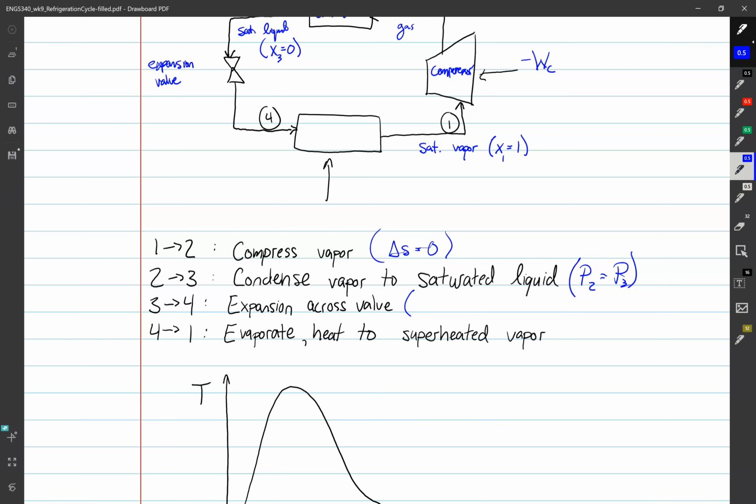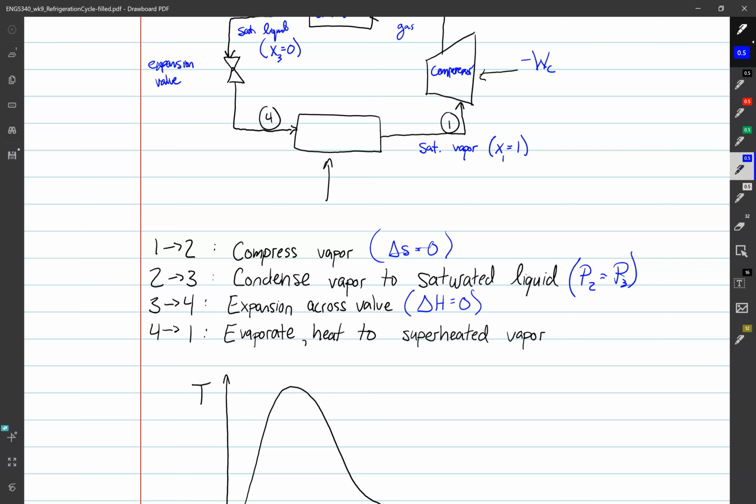We don't have any heat transfer. Ideally, we don't have any kinetic energy change or potential energy change, so our energy balance would just be delta H equals 0. This is a constant enthalpy or an isenthalpic process, if you want to have a fun word to say. So the enthalpy at 3 is the same as the enthalpy at 4.